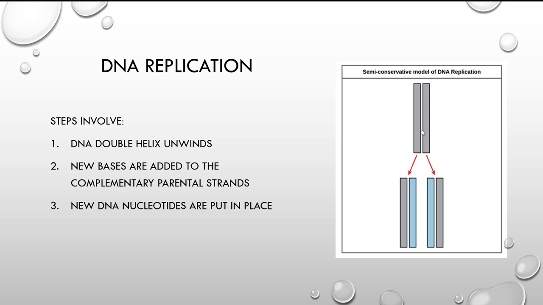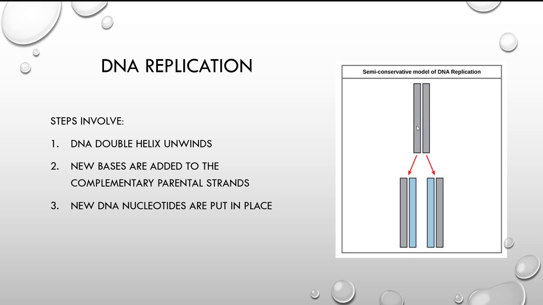Then we need to add complementary new bases to the parental strands. If we're unzipping it, here we have a parental strand that's free, and here's another parental strand that's free.